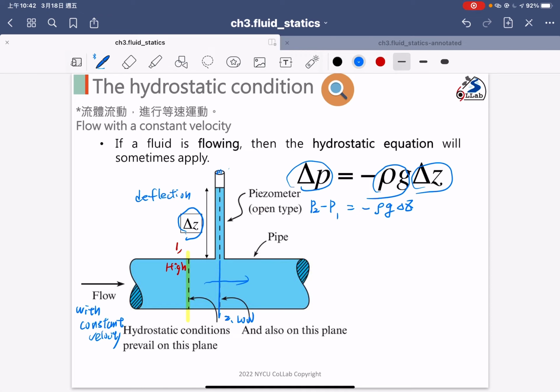Maybe you use oil, water or seawater; they will have different heights. Even with the same pressure difference, different fluids have a different delta Z.